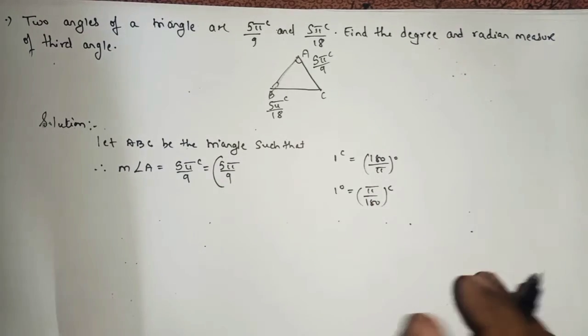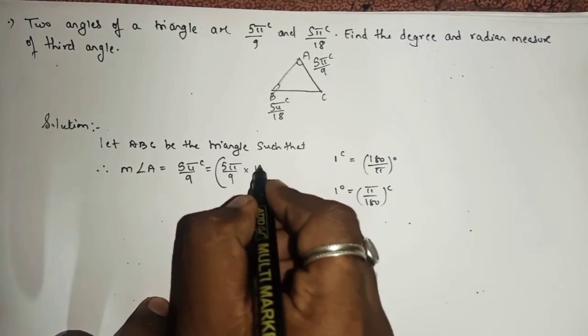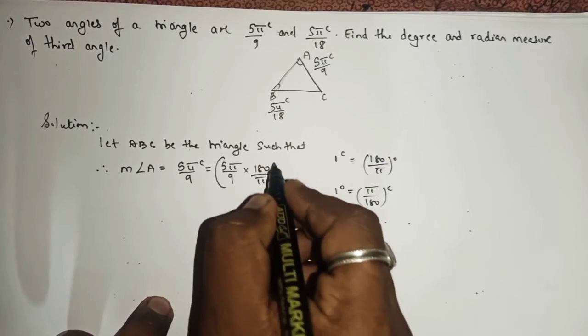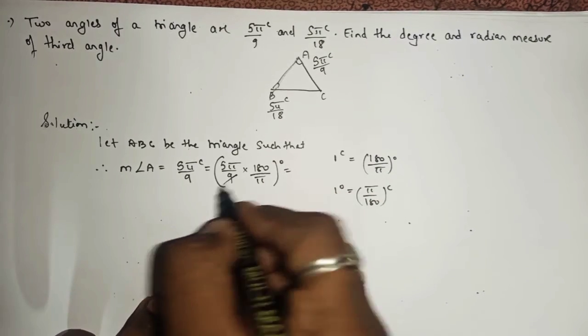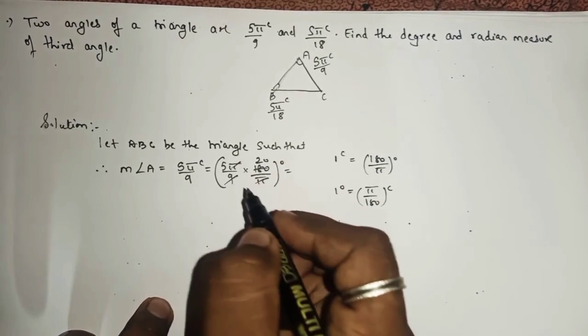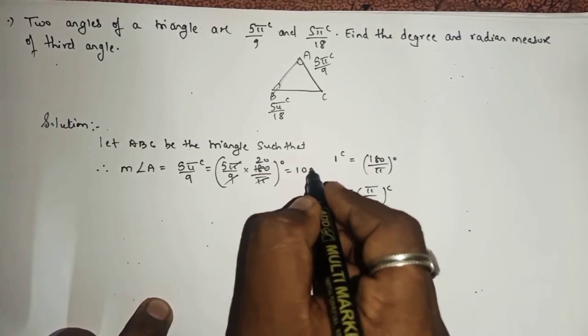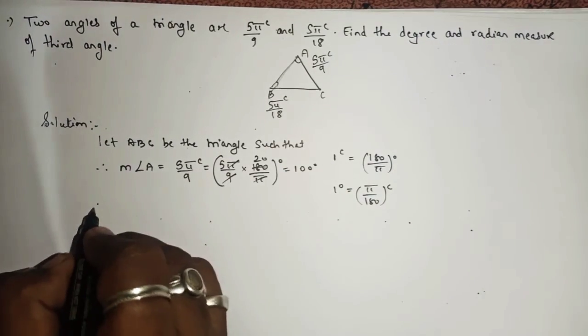So simply multiply by 180 upon pi. 9 ones are 9, 20s, pi will get cancelled, 5 20s are 100. So here we got the measure of angle A as 100.